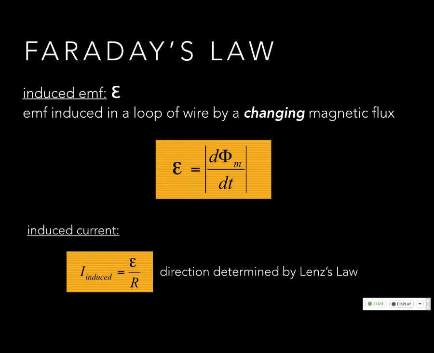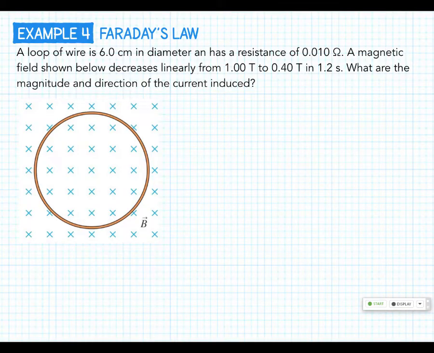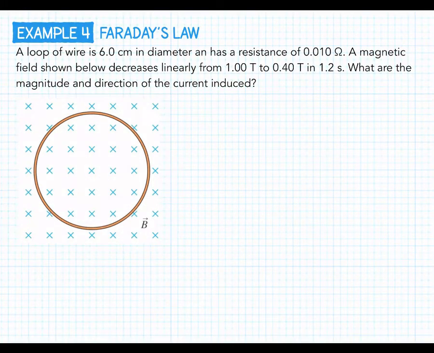All right. So let's try out an example and actually apply Faraday's law using numbers. Okay, so we have a loop of wire. It's got a 6 centimeter diameter.